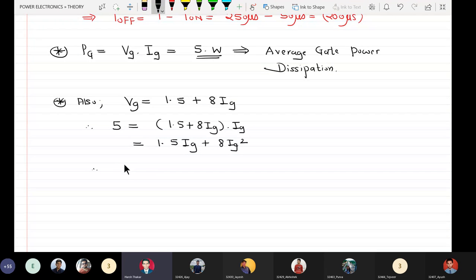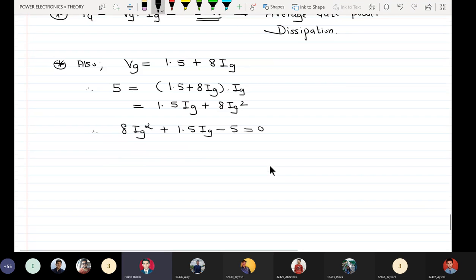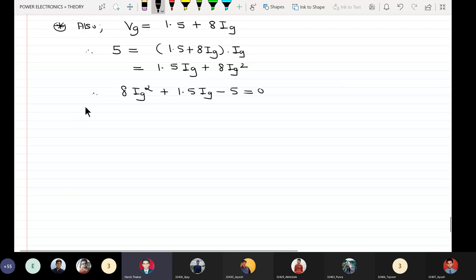So this becomes a quadratic equation, 8 Ig square plus 1.5 Ig minus 5 equal to 0. So we can use the formula for solving it.